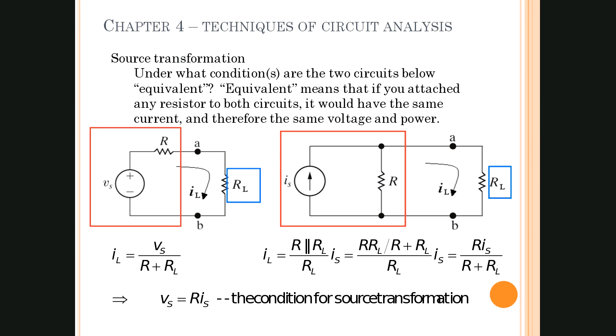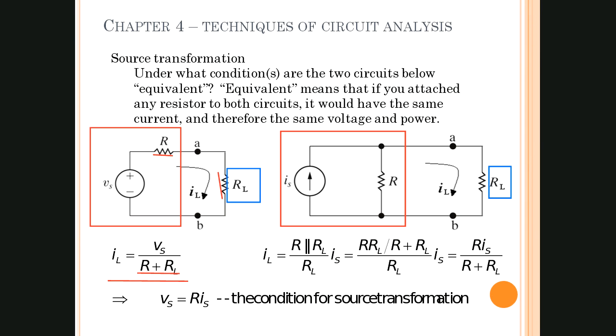But what you're looking at down here in this equation, and let me do this with a straight line. Do I get a line? Yes, I do. So what we're looking at down here is the current through IL equaling VS over R plus RL. And this is really a voltage divider, right? We're looking at R and RL. So R right here and RL right there.